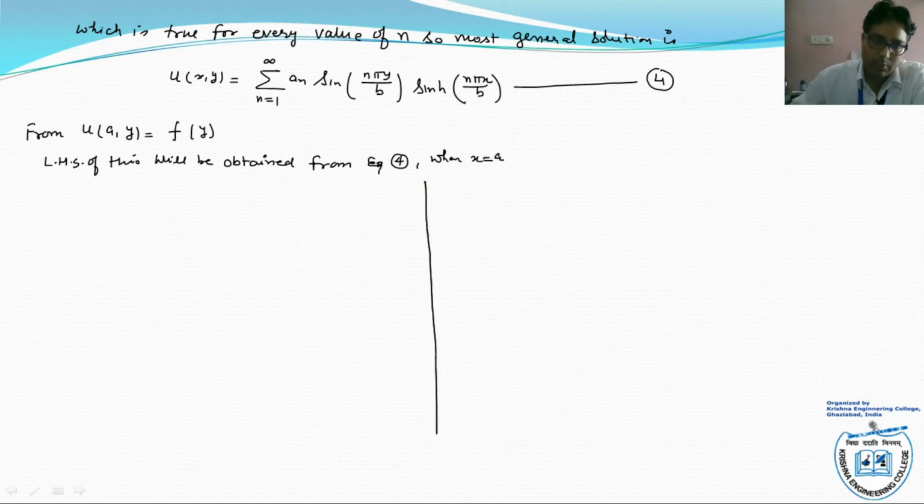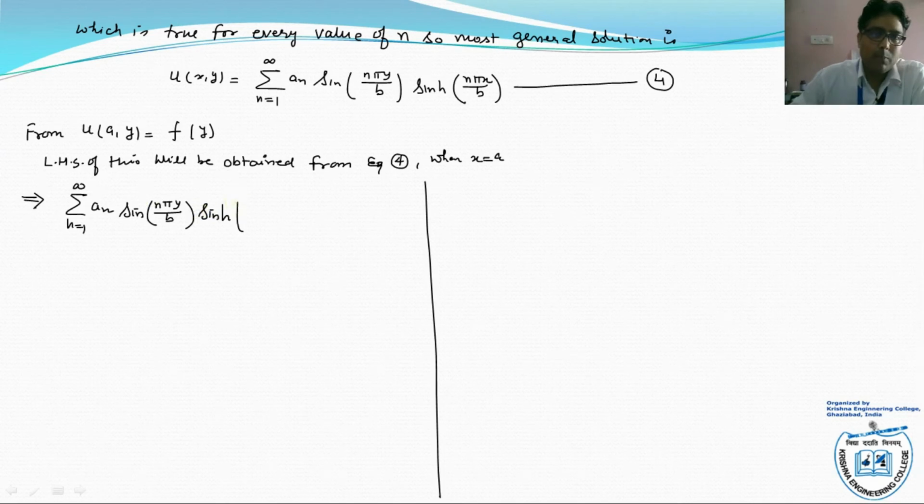Now we divide this page into parts. So we get the LHS becomes summation n is equal to 1 to infinity an sine n pi y by b as it is into sine hyperbolic n pi a by b is equal to f(y).